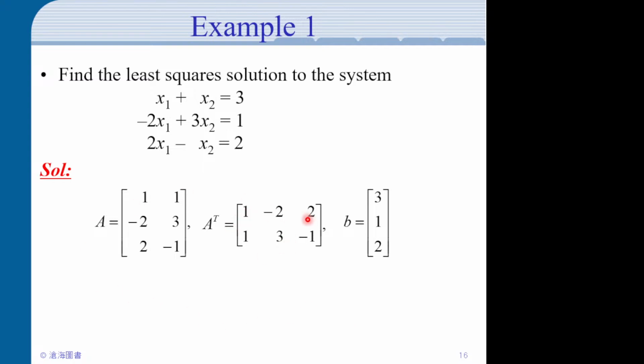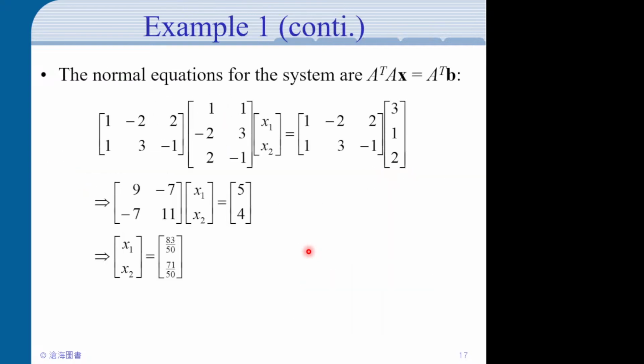Then we can calculate Aᵀ easily. You just flip this around. So [1 -2 2; 1 3 -1] here. Now we can plug into the formula, the normal equation.